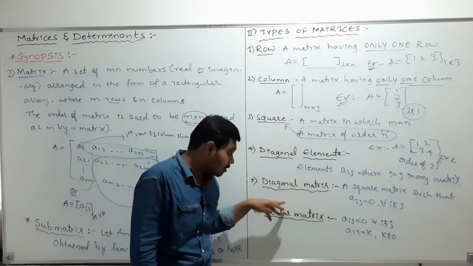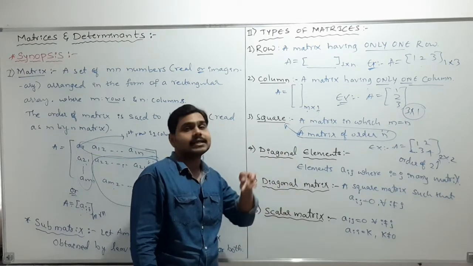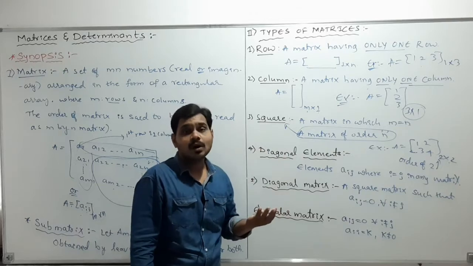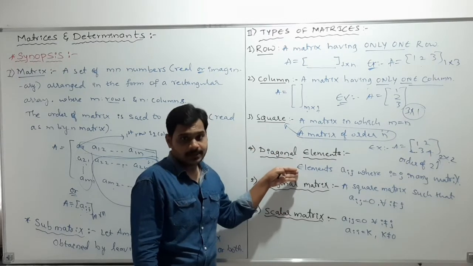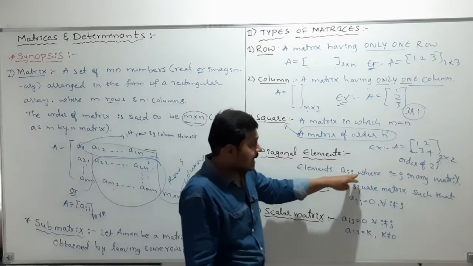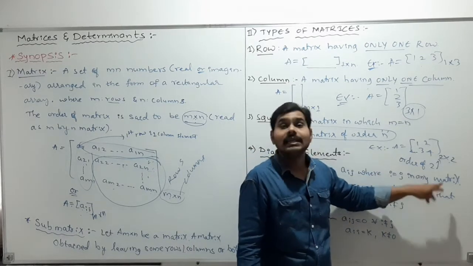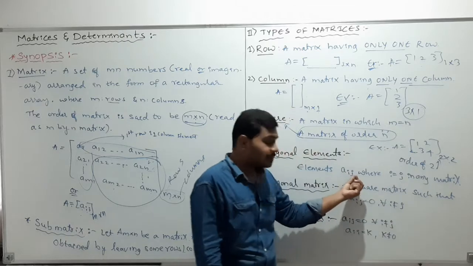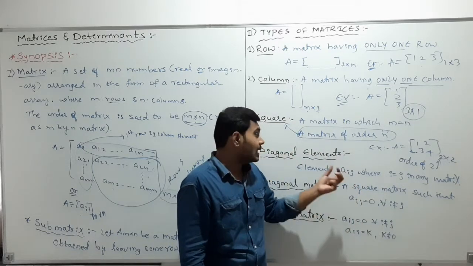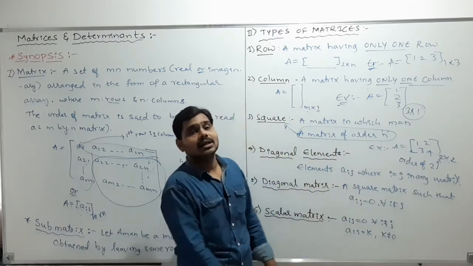And next, my dear students, what are diagonal elements? I am not discussing the diagonal matrix, that we will discuss later. Diagonal elements means elements aij where i is equal to j in any matrix. In any matrix, if the subscripts are the same, then we can say that those are the diagonal elements.